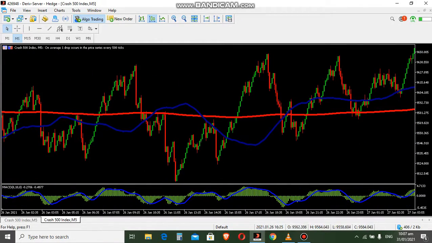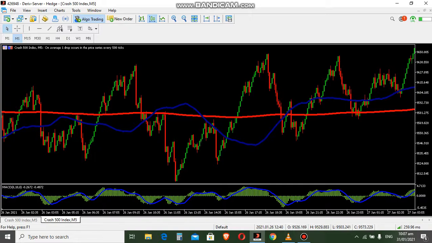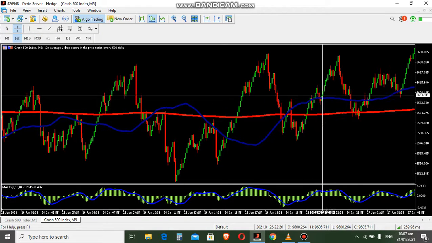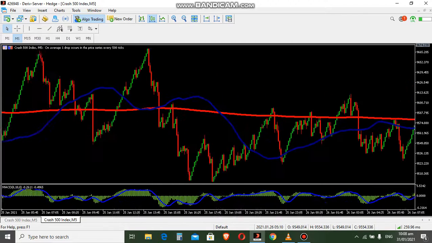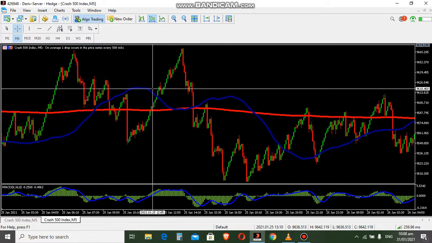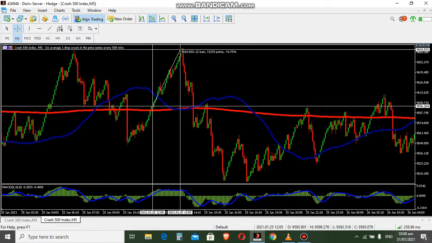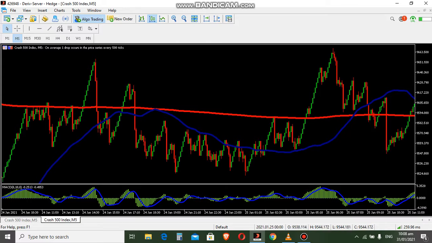You see this area, little profit. You see this area, we get a profit here from the 5 minutes. You see this area, MACD is up, we have a profit there. Here there's noise, so we avoid it.